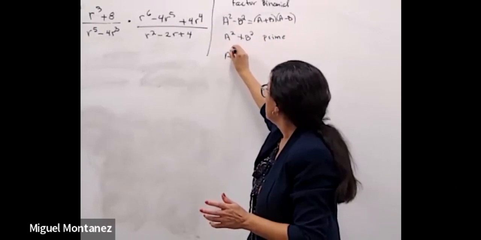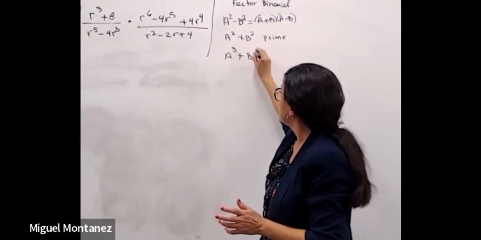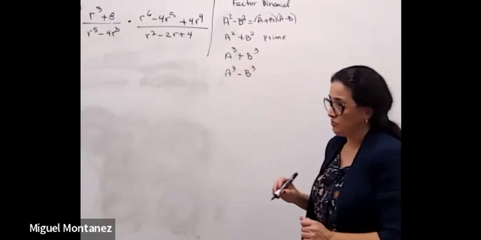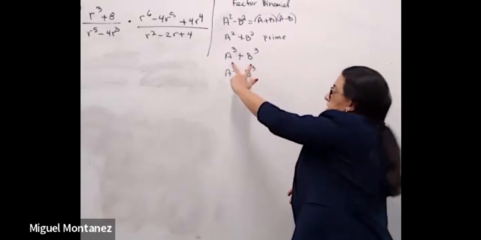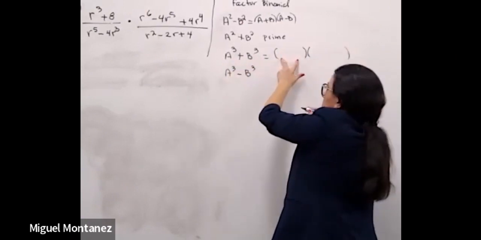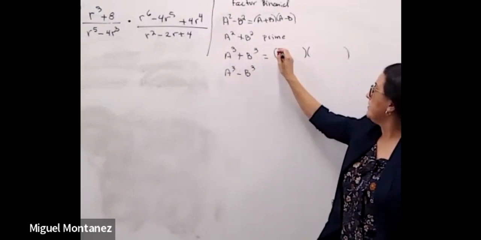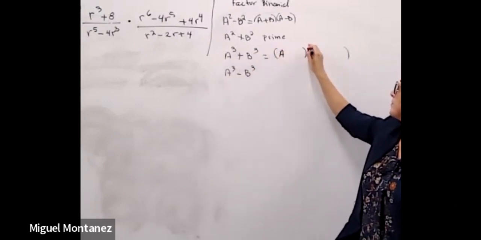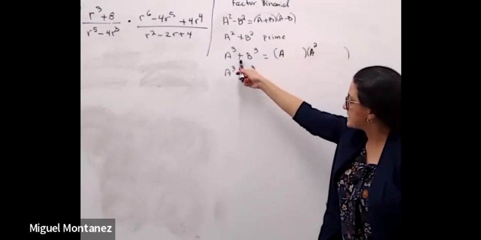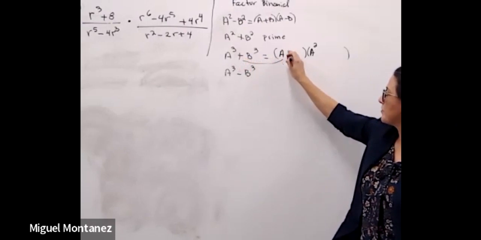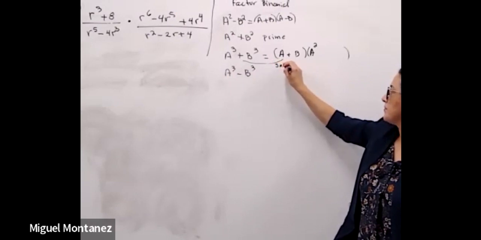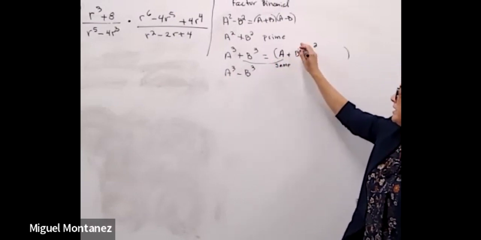And we also had the sum of cubes and the difference of cubes. Remember the sum of cubes? It was 1a and the square. 1a, 1b.